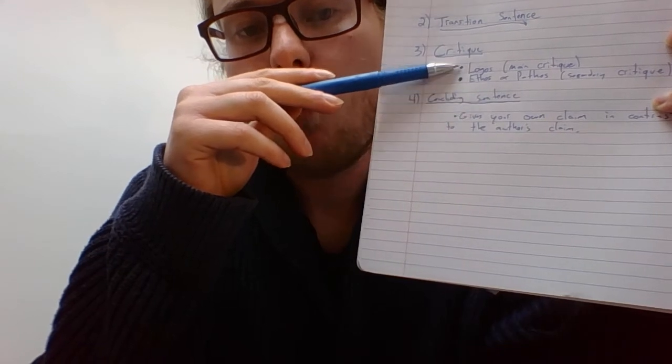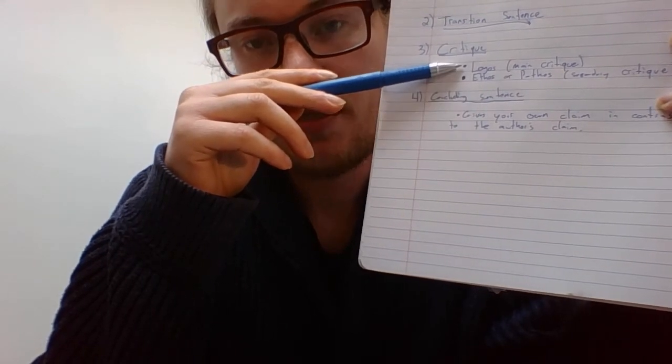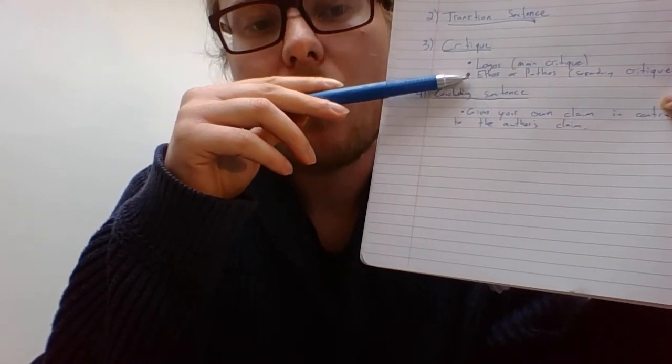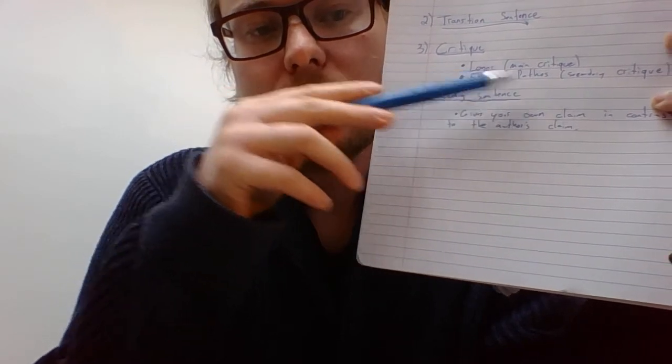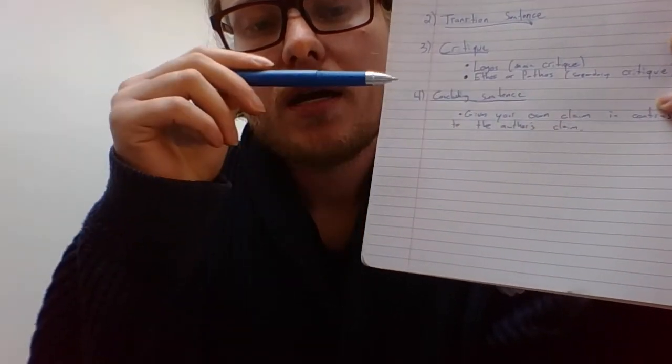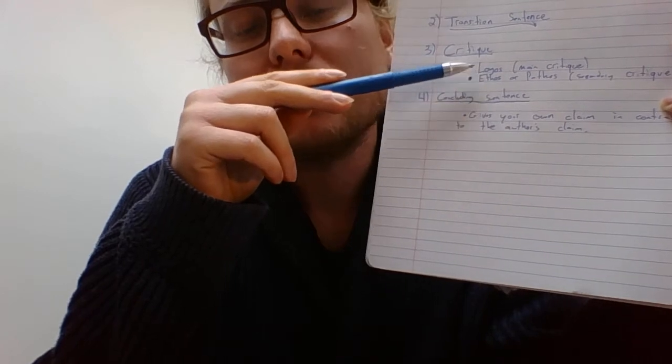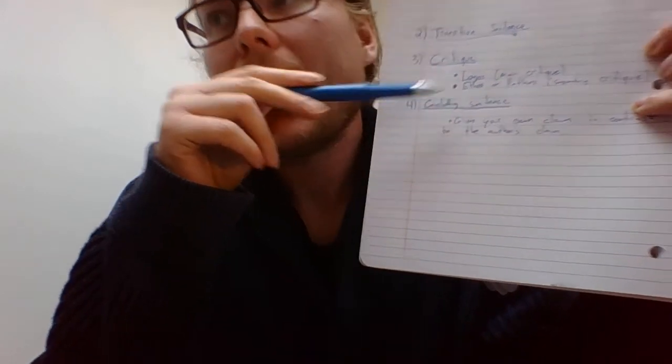You're going to want one or two of those critiques. And then you can have one or two critiques of ethos or pathos. One thing you should keep in mind as you're choosing your critique is how complicated is it and how much space is it going to take me to explain it effectively. We want to choose the strongest critiques.